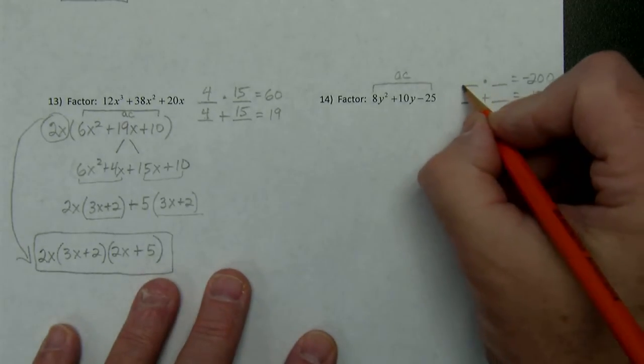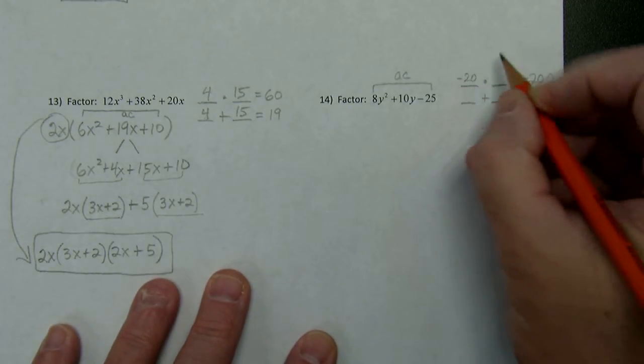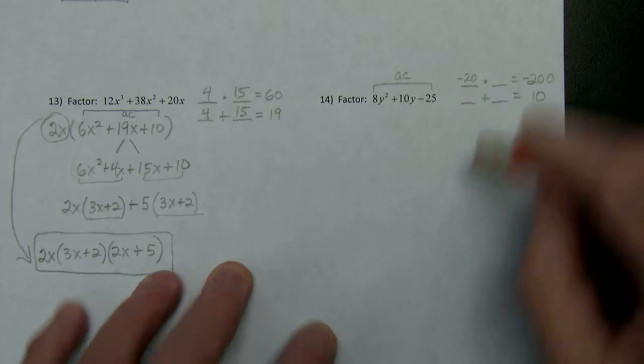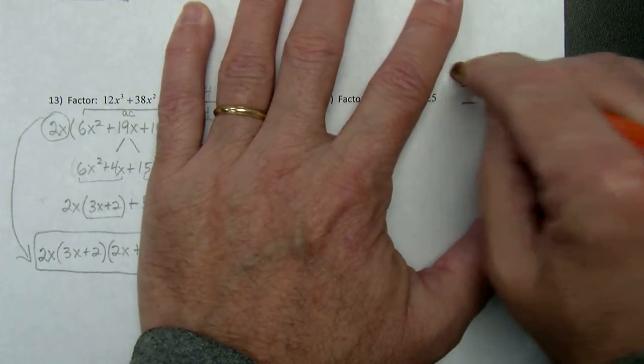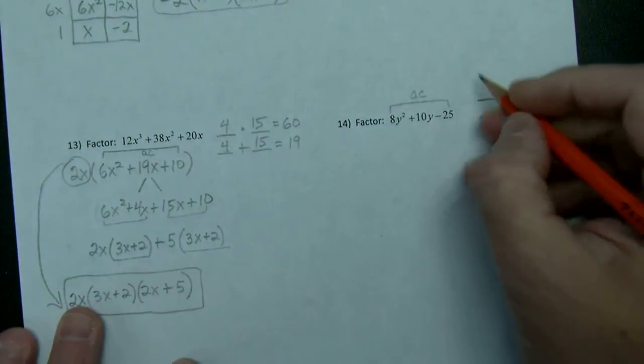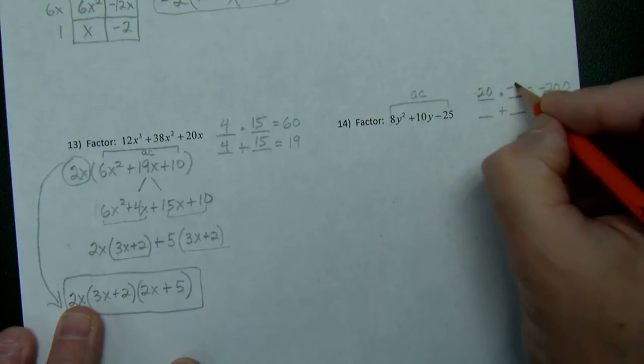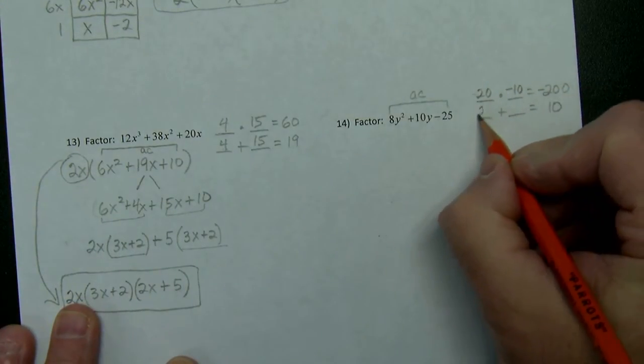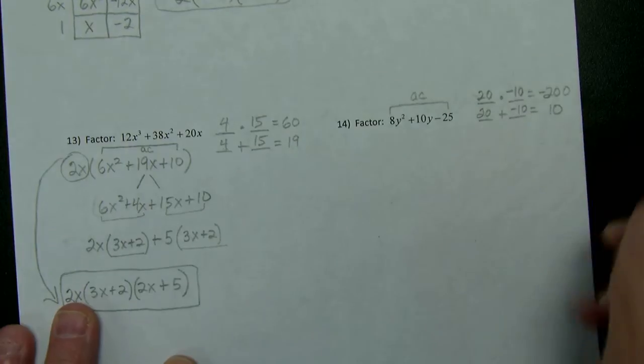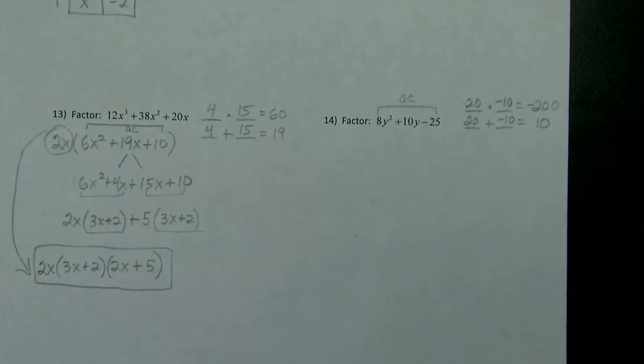And we already figured that out up above, it's positive 20 and negative 10. All right? When I do that, I get the correct numbers.